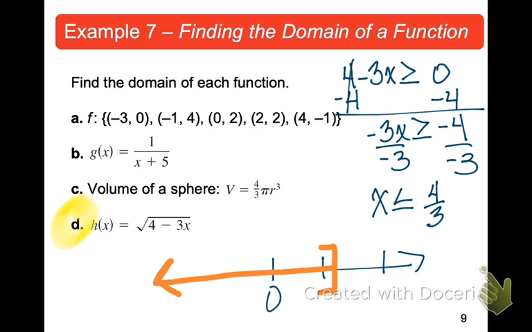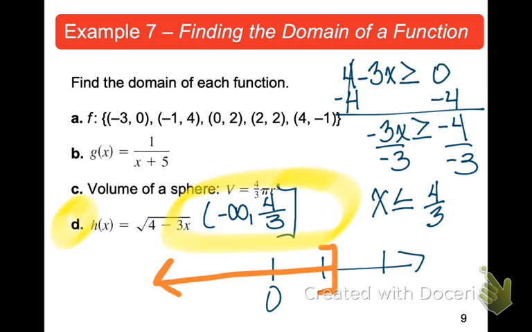So my domain of this is negative infinity up to and including 4/3. That's my domain. This is the answer that you're looking for. That is your domain in interval notation.